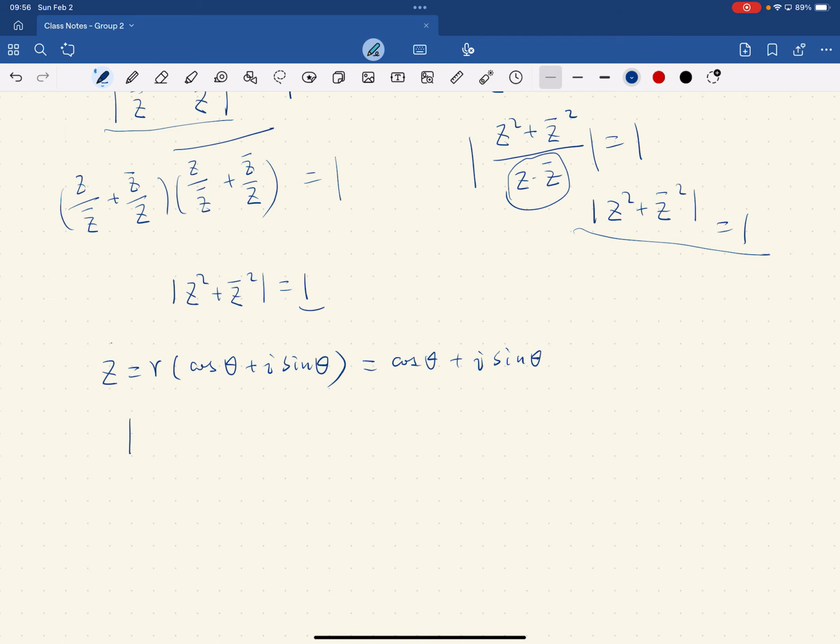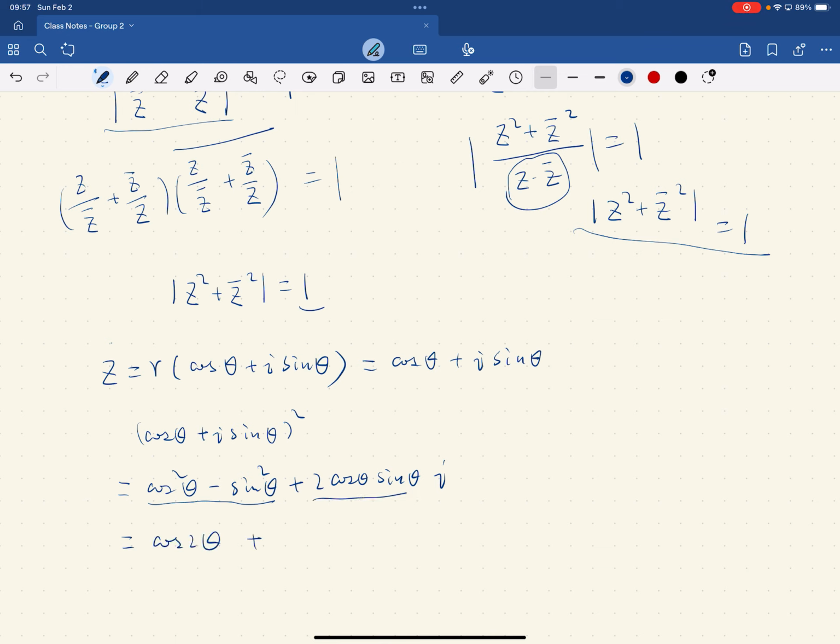Well, you know how to calculate z squared. Let's do that first. So this squared is cosine squared theta minus sine squared theta plus 2 times cosine theta sine theta, and put an i here. So this is the expansion of the square of a sum. This trig identity tells us that this is cosine 2 theta, and this one is sine 2 theta.